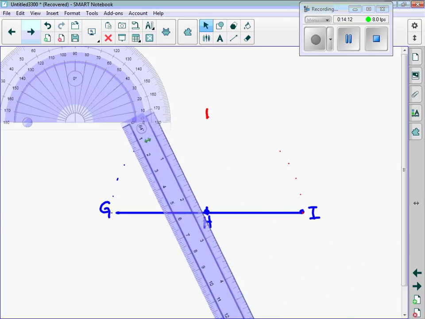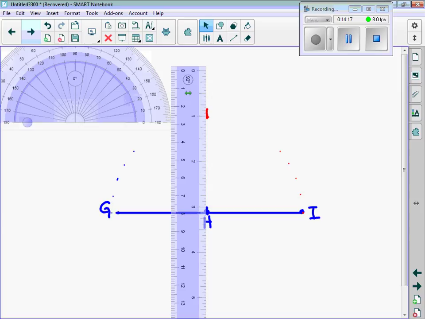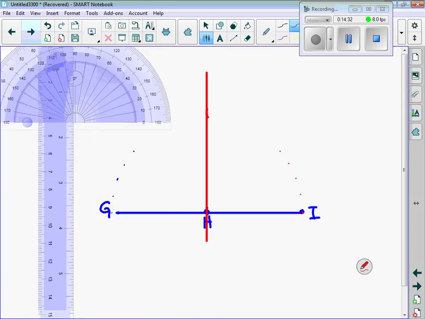Most rulers should have straight edges, otherwise they're not too useful. I'm going to line it up right connecting those 2 points, and draw my line right along the edge of my ruler, so it goes through both of those points that I made. And now I have a line that should be 90 degrees to this other line.